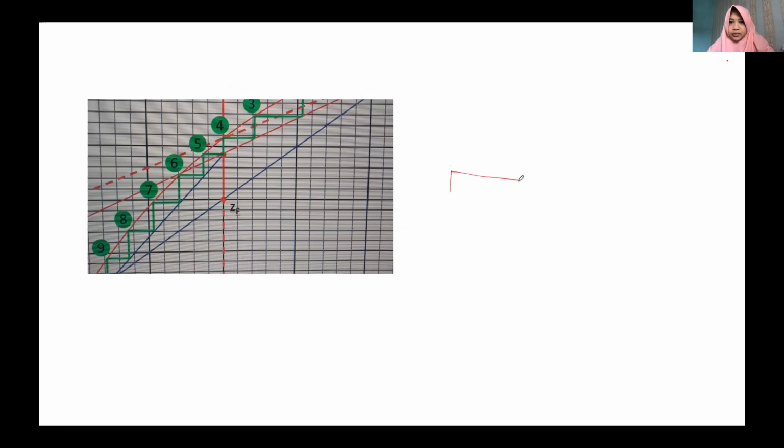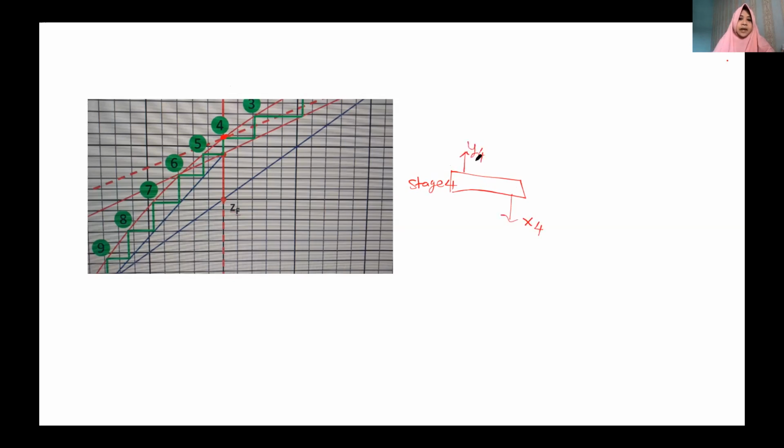So this one, let's say this is stage 4. What happened in stage 4? This point is the composition of stage 4. So this point, the axis is actually equal to x4, and also y4.